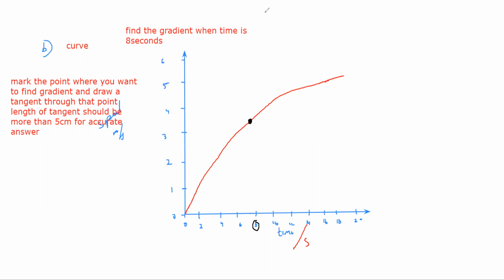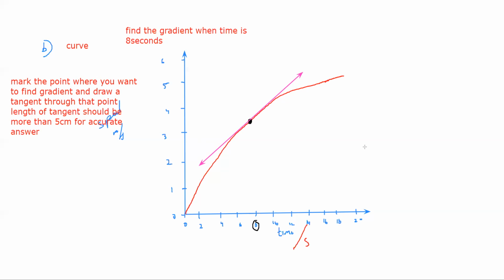So I will draw a tangent. The length of the tangent is up to you. I should draw a line which touches that point only. You can draw a longer tangent, you can draw a shorter tangent.